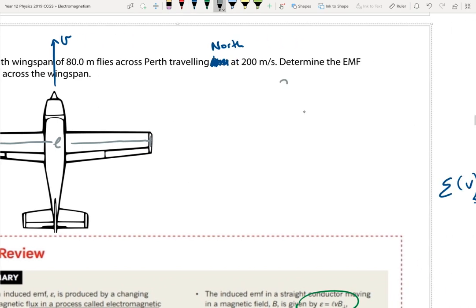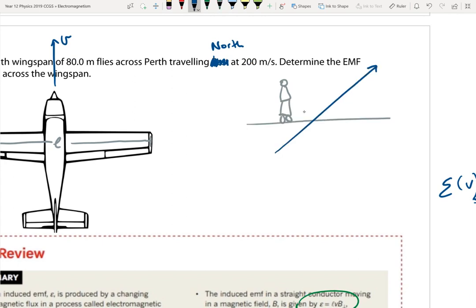So we're just going to recall that where we are in Perth, our magnetic field is kind of doing this, where we have B north, and then we have B vertical, at an angle of about 66.4 degrees. So in this question, what we require is the perpendicular component.